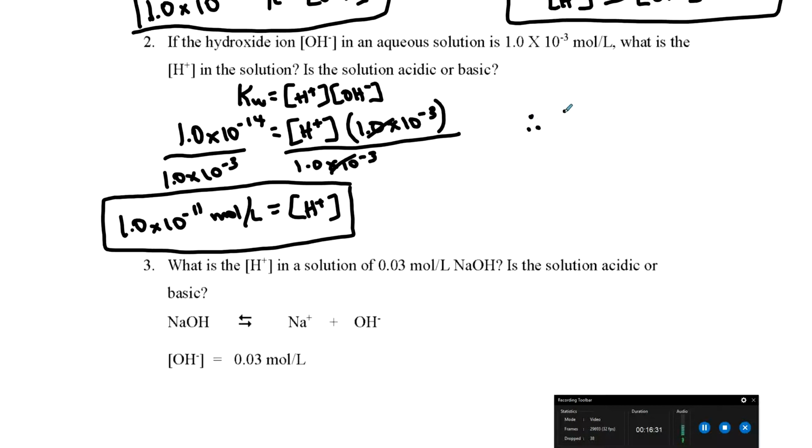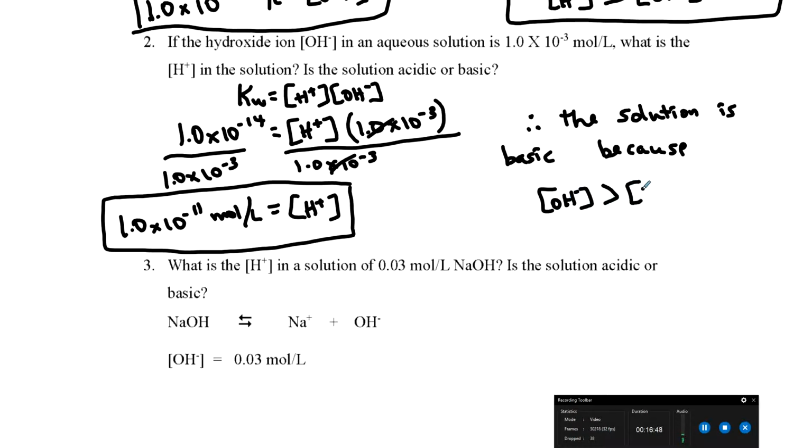So therefore, the solution is basic because OH negative concentration is greater than the H plus concentration.